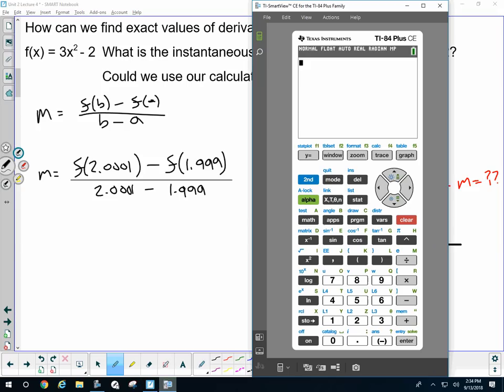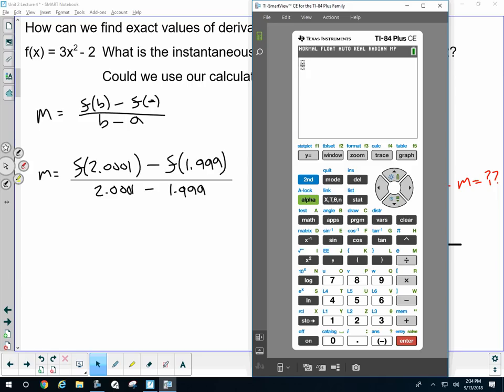All right. So let's make it look nice and pretty. So I'll do our fraction. I actually just learned this last period. I did not know that alpha y1 gave you the fractions.